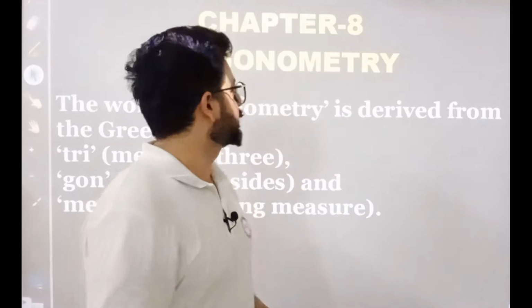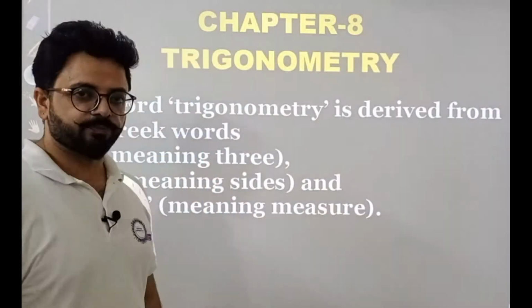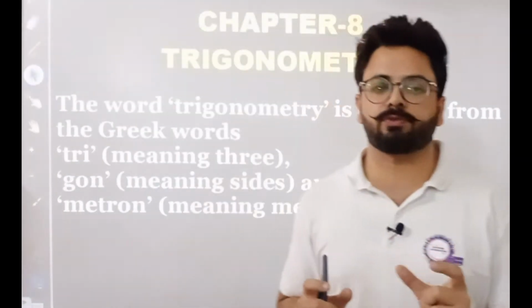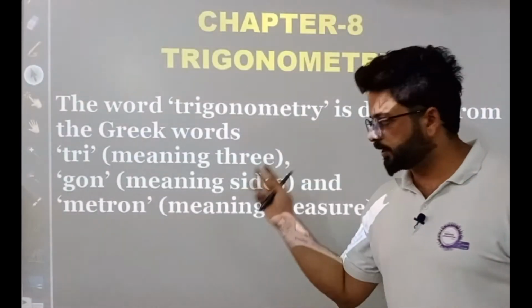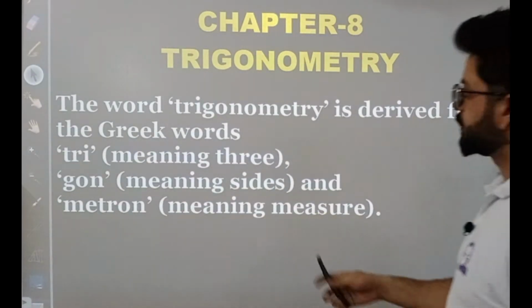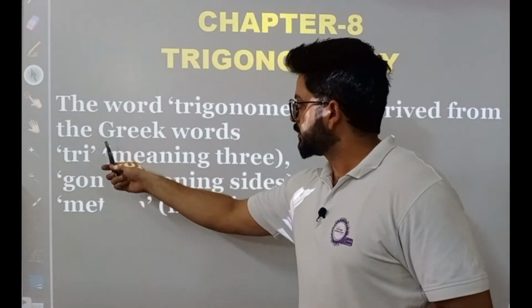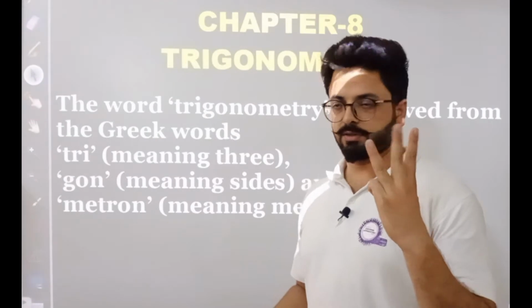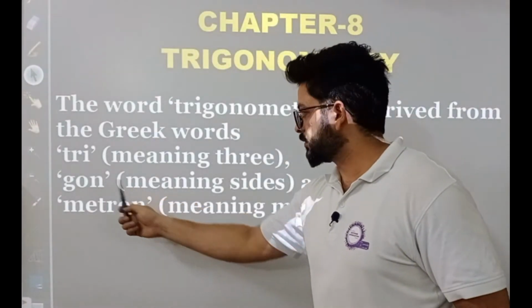Our today's topic is trigonometry, and at first you see what is the meaning of this word trigonometry. See, it is in front of you, all things are written. First, the word tri means 3, and then gon.